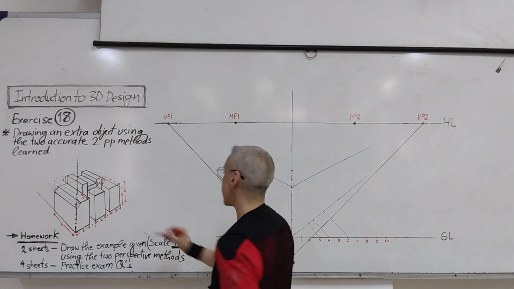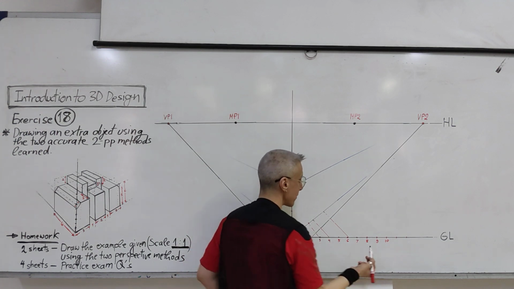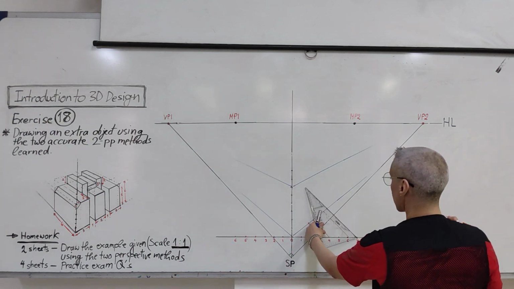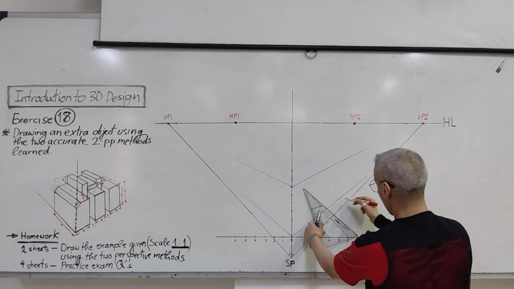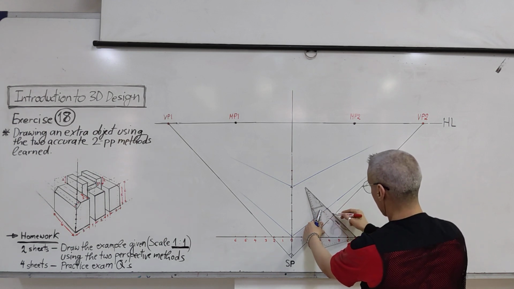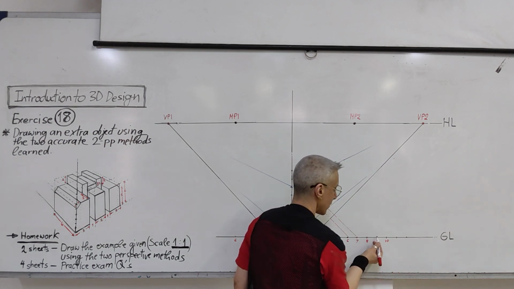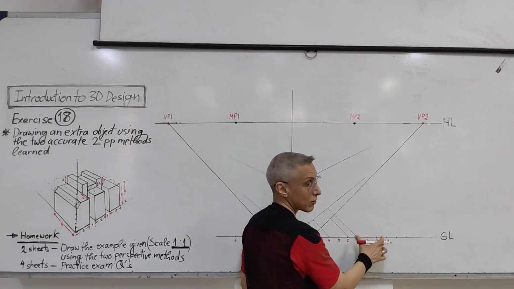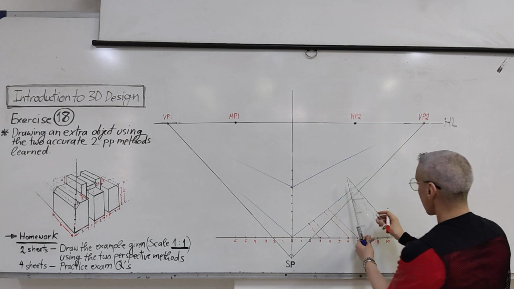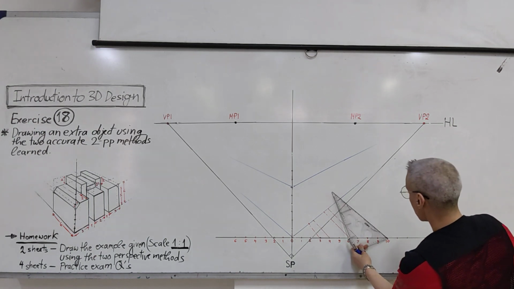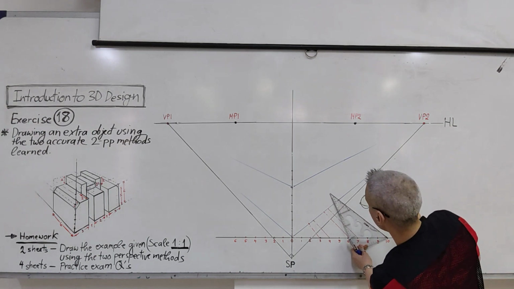Another 1 and another 3. So from number 7 to the measuring point, and then what? 8, 9, 10. From number 10, because we have 3. Okay? From number 10, again to the measuring point.